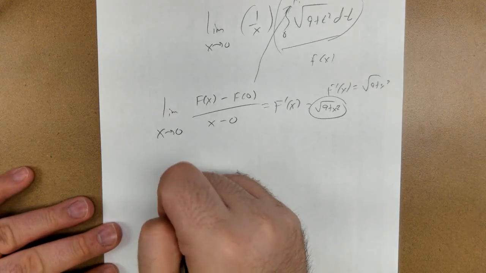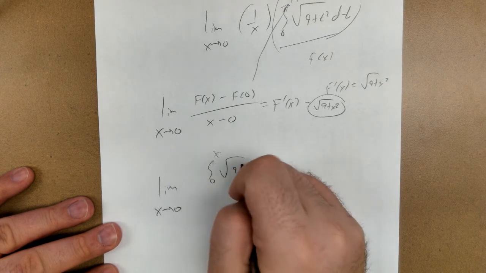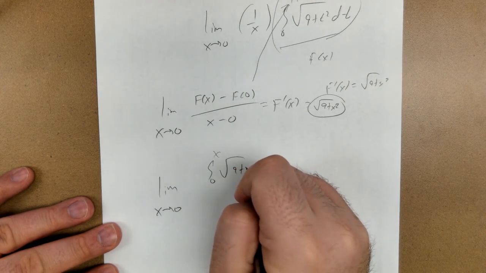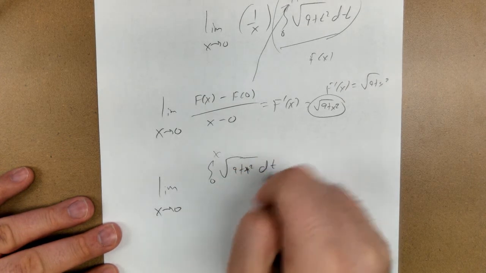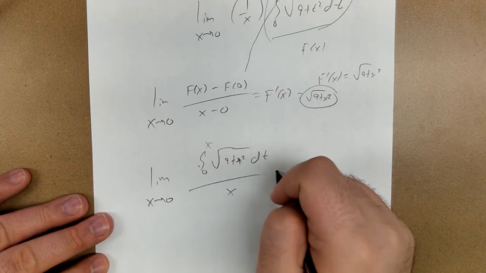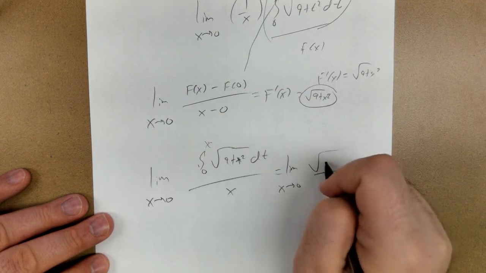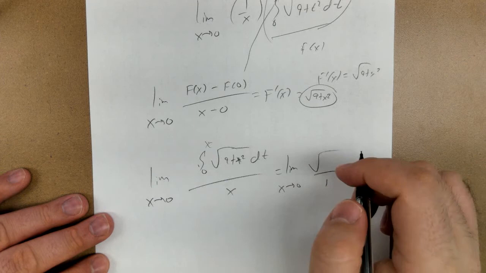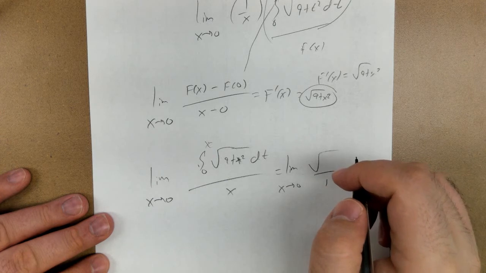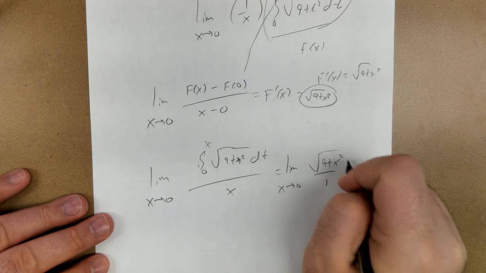My go-to, rather than looking to make that perfect little expression for f prime, I would lean towards L'Hopital's rule since we've proved that. So if you have this, and you know from the theorem that this part is differentiable, when you plug in 0, you get 0 over 0, so L'Hopital's rule applies. The bottom becomes 1, and the top becomes the square root of 9 plus x squared.